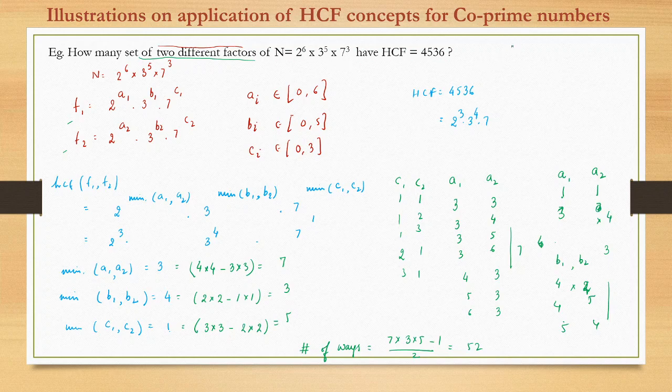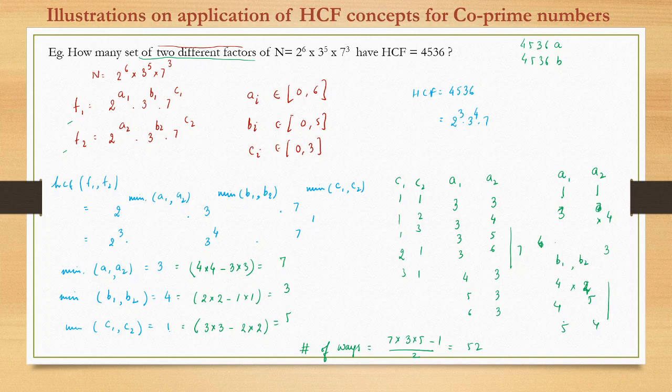So it means the two numbers we can write as 4, 5, 3, 6a and 4, 5, 3, 6b, right? Where a and b are co-prime to each other. So this is the general expression of two factors.